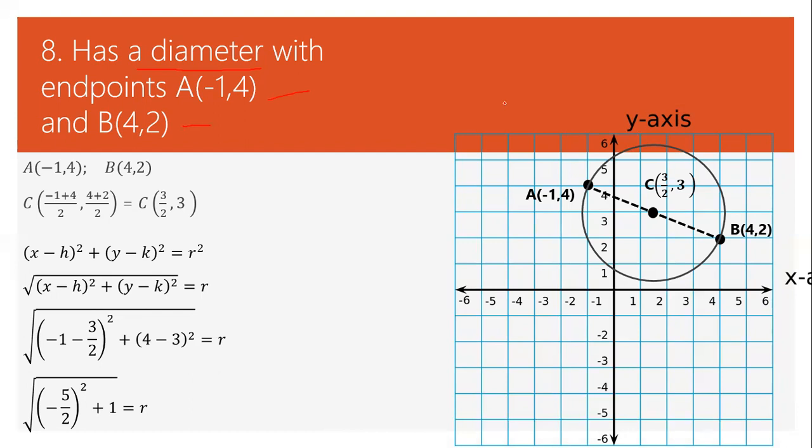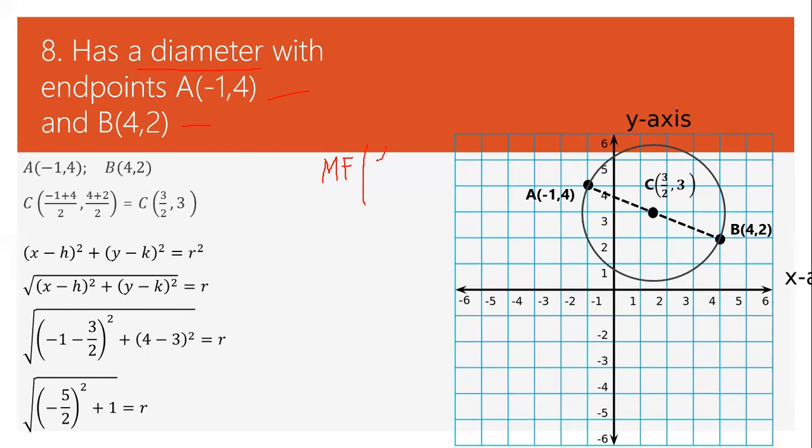So a diameter of a circle passes through the center of the circle. So to determine that, just get the midpoint formula of the endpoints to determine the center.